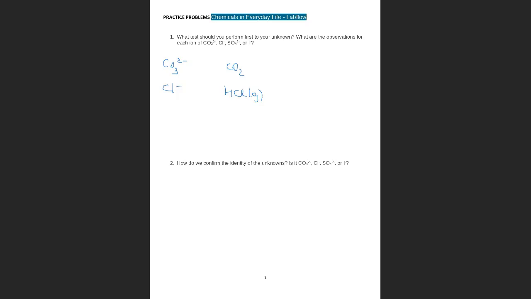When you add sulfuric acid, if you have sulfate, no observable reaction.